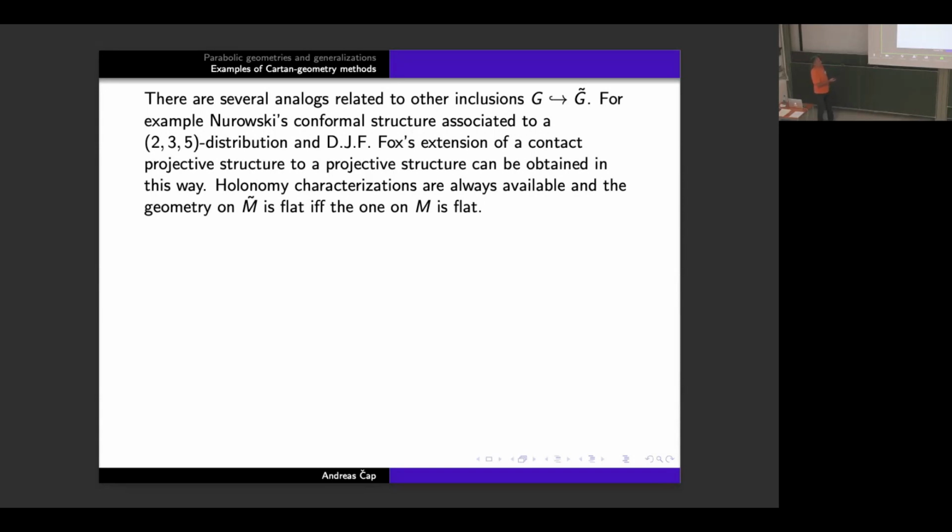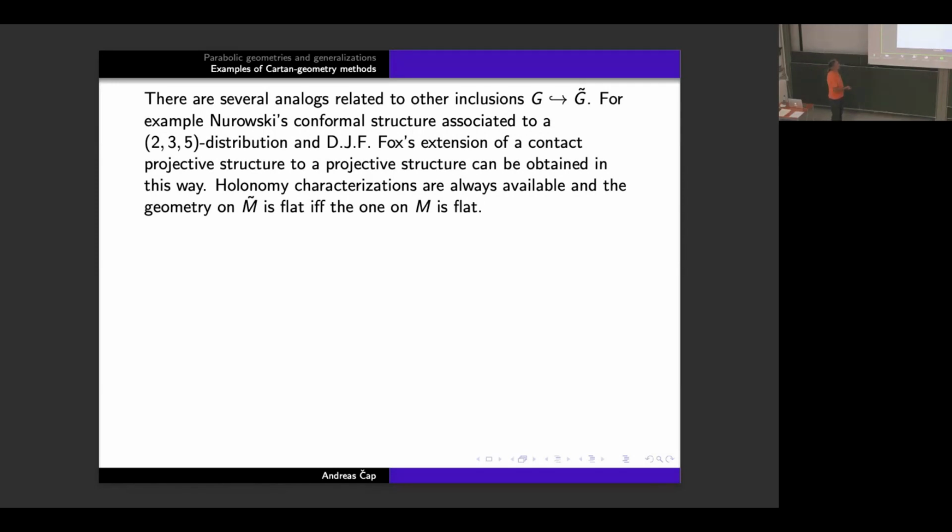And for such, Pavel Nurowski cooked up a construction of a conformal class. His construction was a formula that covered a full page for one representative metric in this conformal class. And you can reduce this exactly to such a Fefferman type construction related to the inclusion of G2 into SO(3,4).